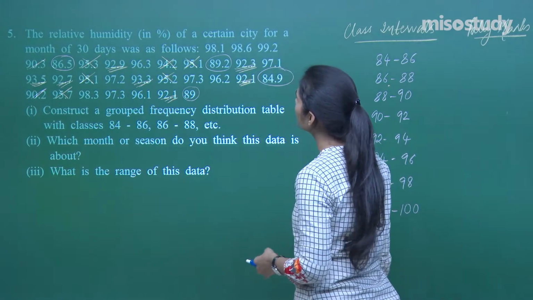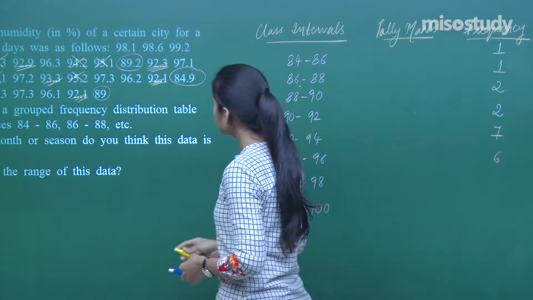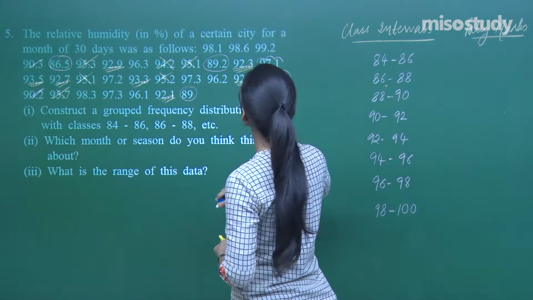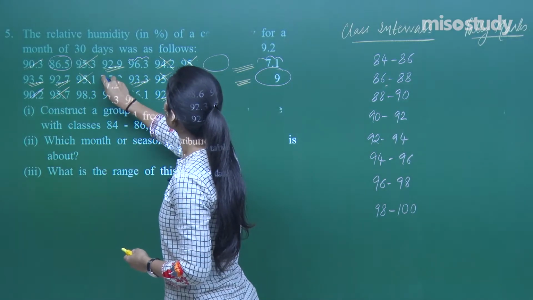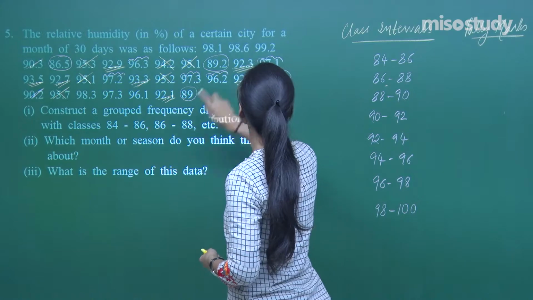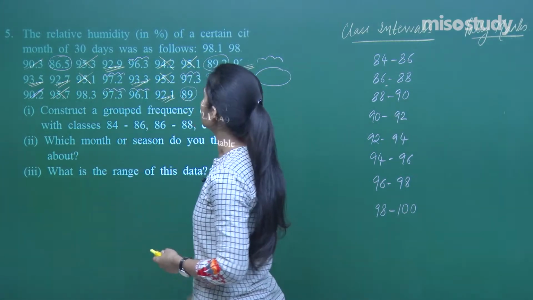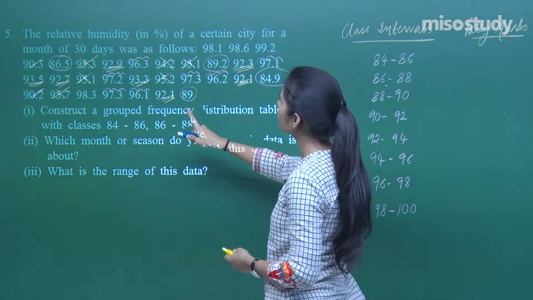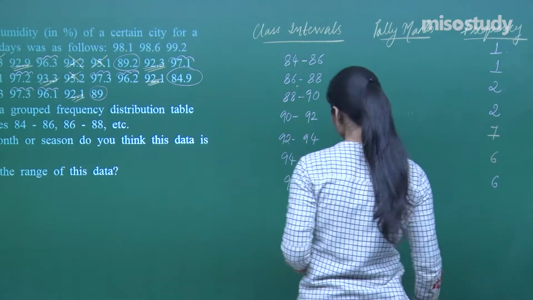So 6 are between 94 to 96. 96 to 98, I have this. This is there. Here also this is there, that is it. So we have 1, 2, 3, 4, 5 and 6 again. 6 values are between 96 to 98.